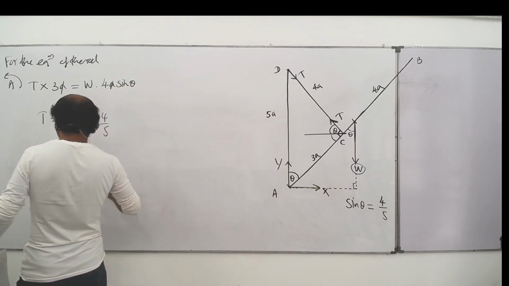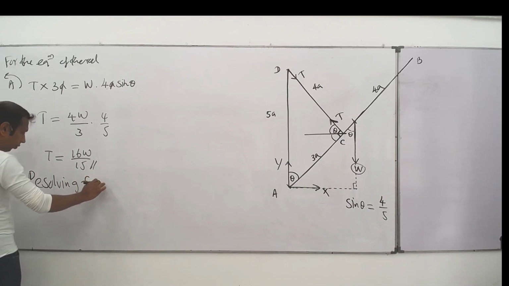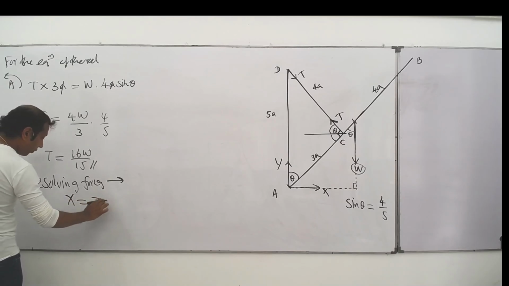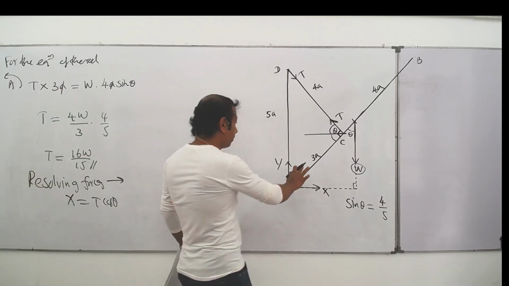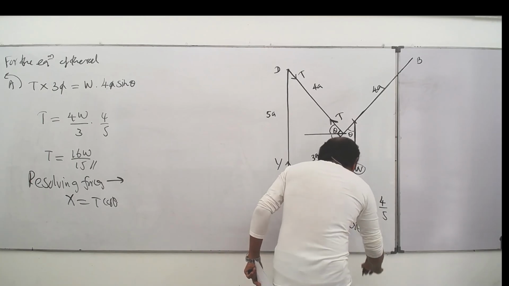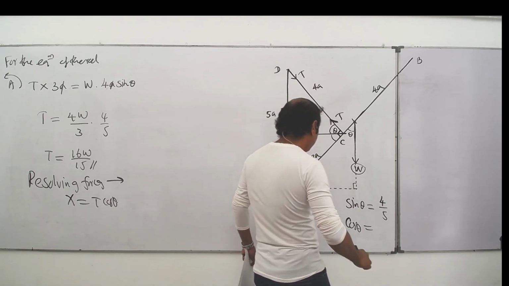Resolving forces horizontally, X equals T cos theta. Cos theta you can write as adjacent divided by the hypotenuse: adjacent is 3A, hypotenuse is 5A, so 3 by 5.